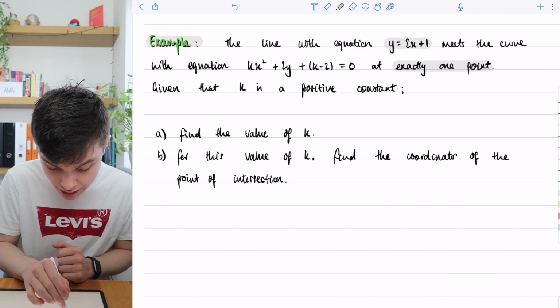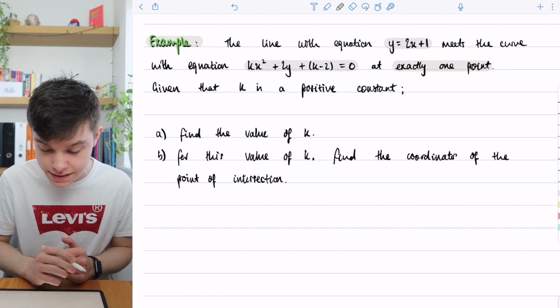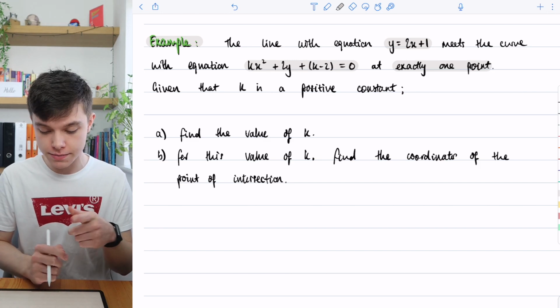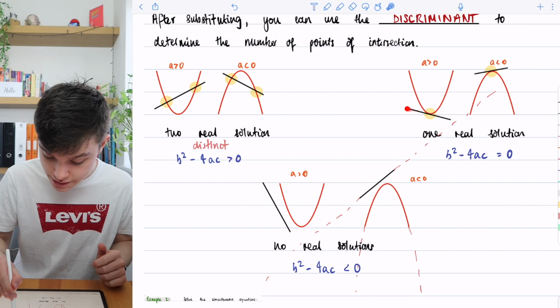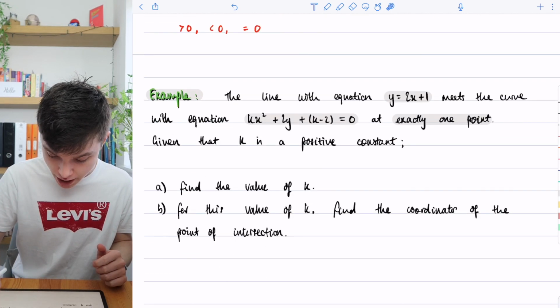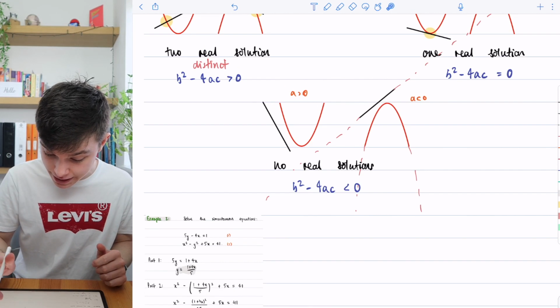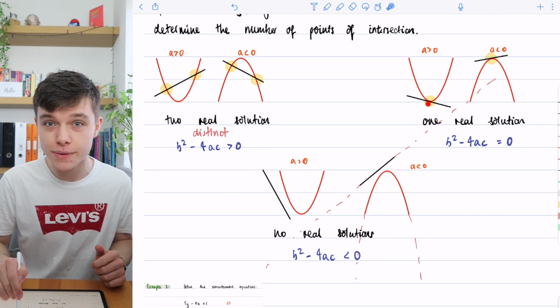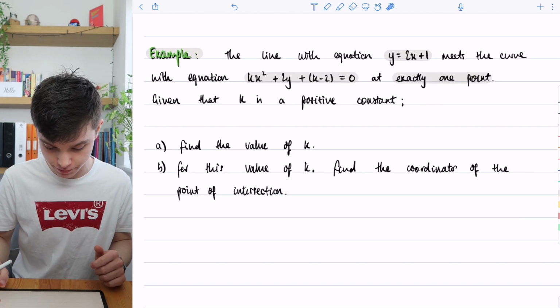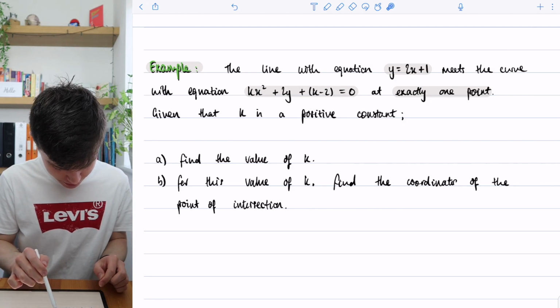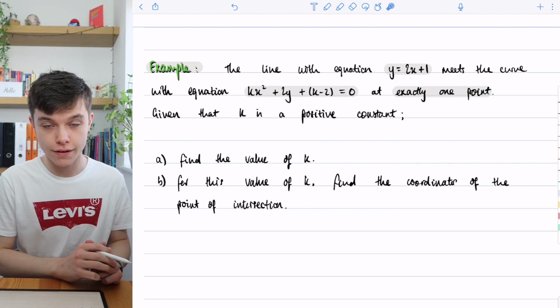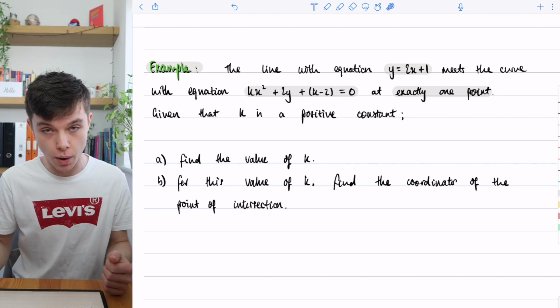So that straight line and that curve intersect at 1 point. In other words, like this example up here, this straight line is intersecting at one point, so it's a tangent to the curve, because it intersects exactly at one point.